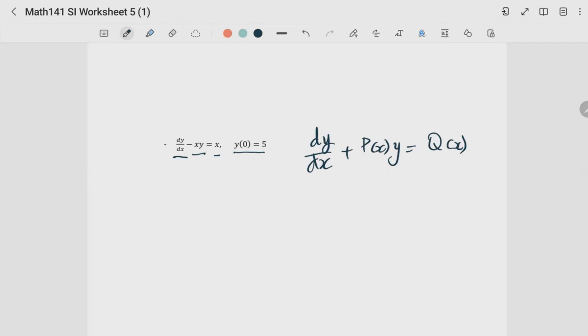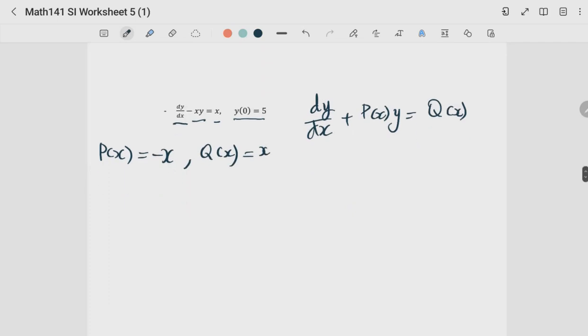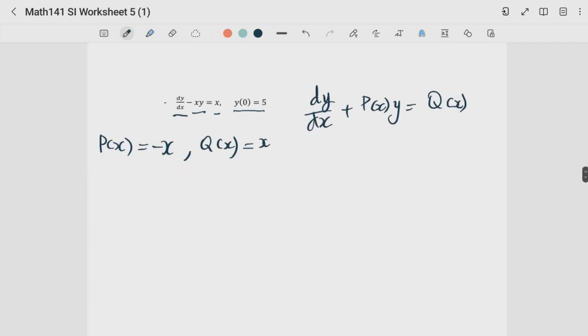Our equation is already in that form, which simplifies our job, because our p of x is just negative x, right? And our q of x is x.